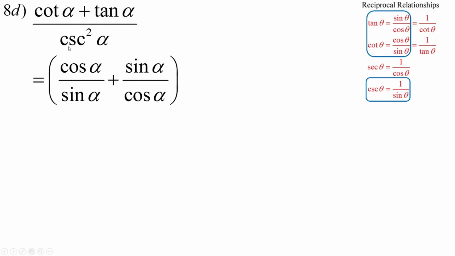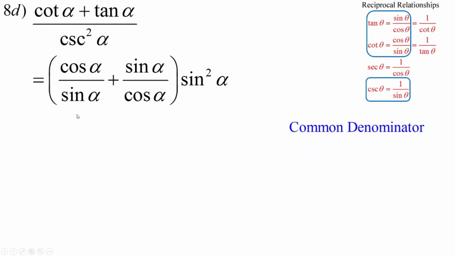And let's take this cosecant squared of alpha. Now, isn't that 1 over sine squared of alpha? So instead of dividing by 1 over sine squared of alpha, we can just multiply by sine squared of alpha, just like that. Okay, now I'm not going to do anything else until I write this grouping with a common denominator, one fraction. Then I can cancel.